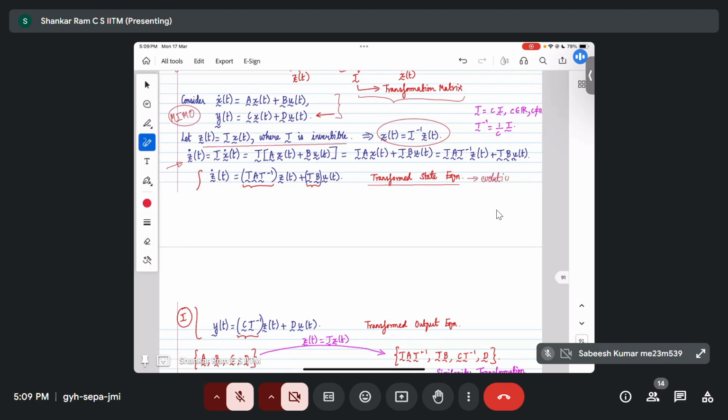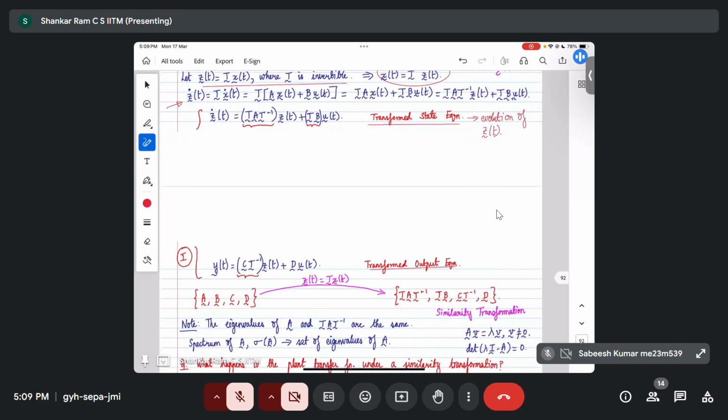Our initial state equation gave us the representation for the evolution of x, whereas the transformed state equation gives us an evolution for the state vector z.